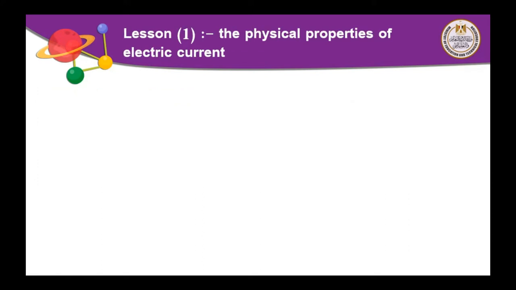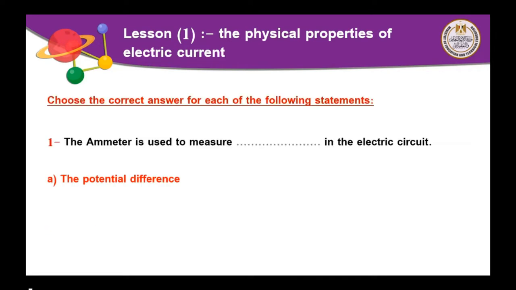Another one. The question in front of you shows the correct answer for each of the following statements. The ammeter is used to measure space in the electric circuit.